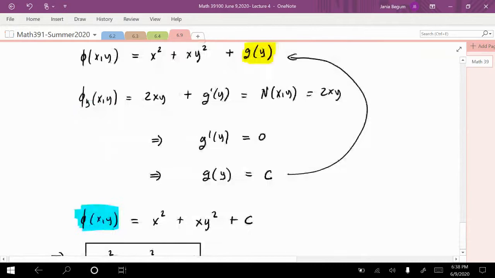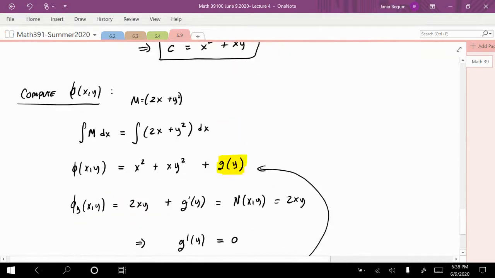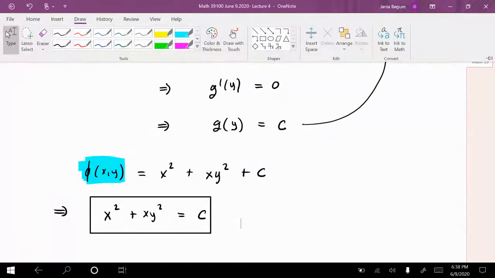Now you could have gotten this solution by choosing to integrate not m, but n, and then do the same thing. You compute phi sub x instead of phi sub y. Okay, so those are the steps for solving an exact equation. Any questions so far?